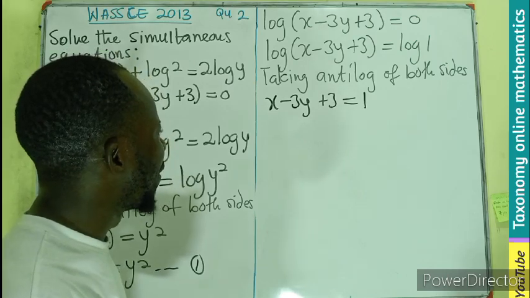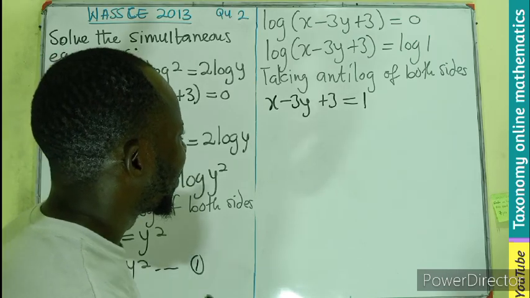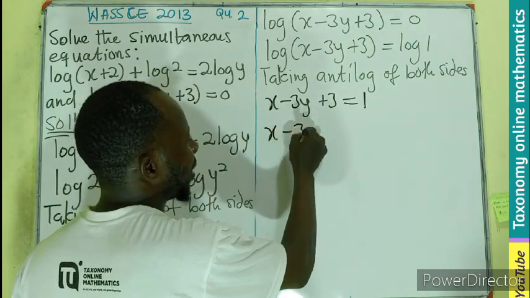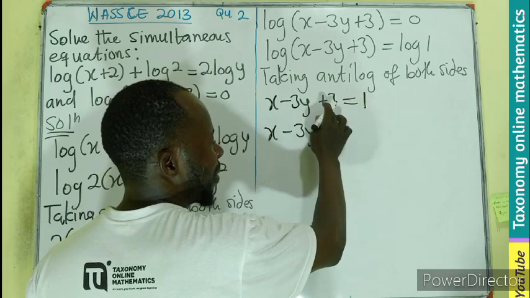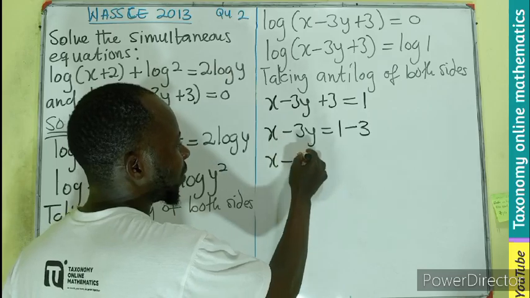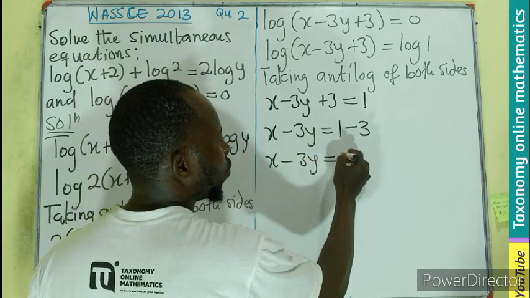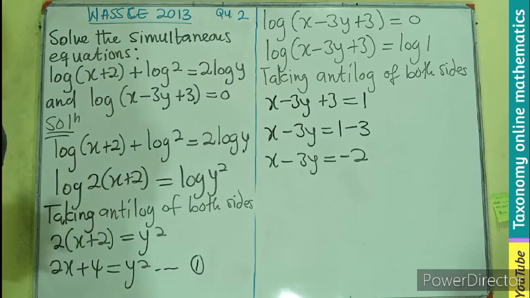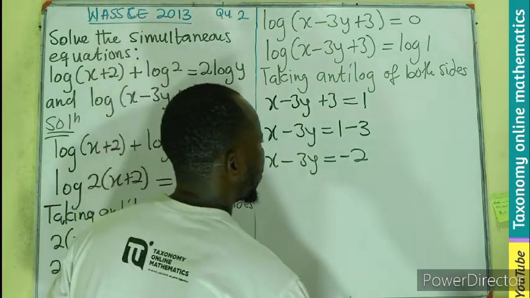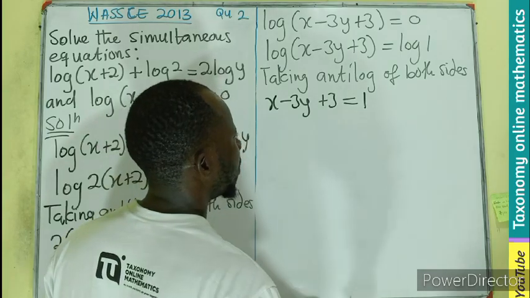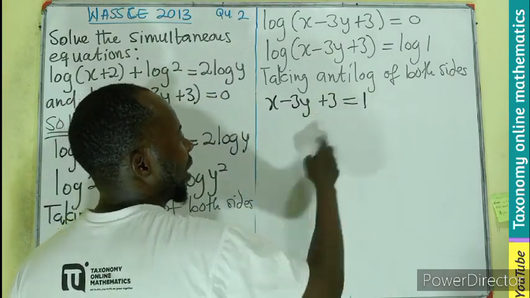So what will I do from here? I think I can send the 3 here. So I'll have x minus 3y equals 1 minus 3. Okay, let's write it, 1 minus 3. That will be x minus 3y equals negative 2. What do you want to do from here? We can make x the subject, right? So in making x the subject, let's just send this and this to the other side.